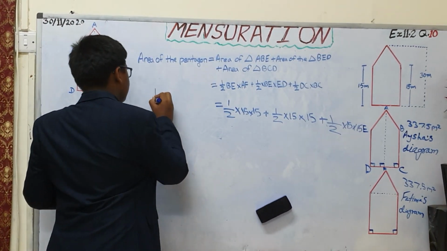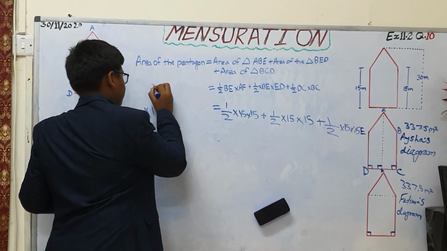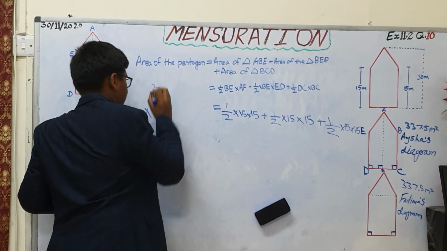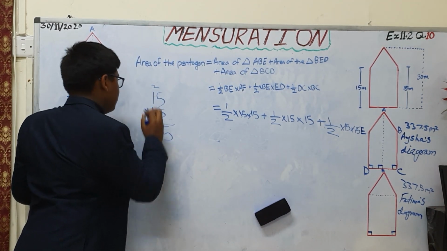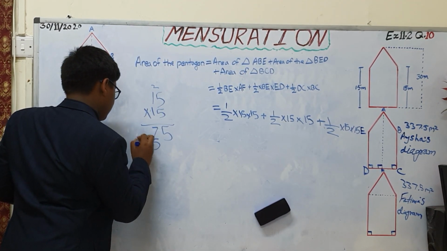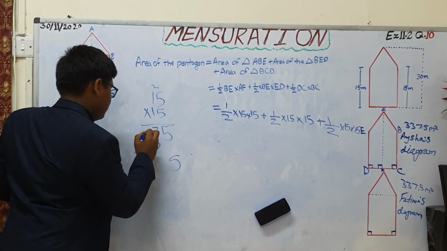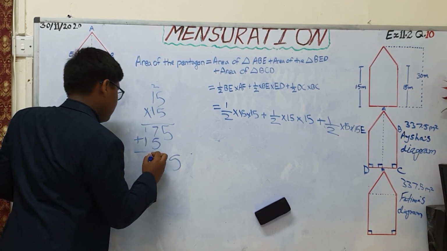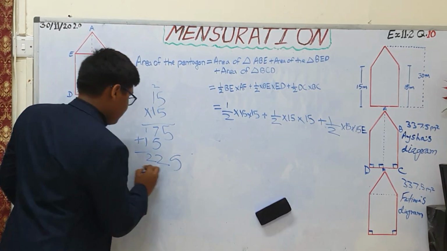Now we will do it only once. 15 into 15: 5 fives are 25, then 5 ones are 5 plus 2 is 7, then 1 plus 5, then 1 plus 1. Then we add them: 5, then 7 plus 5 is 12, then 1 plus 1 is 2. Now we have the answer 225.